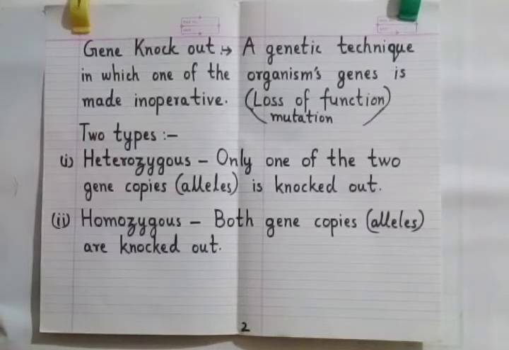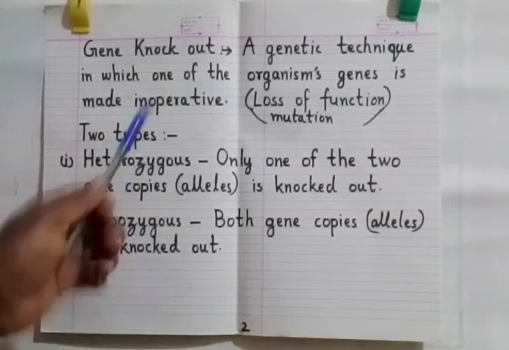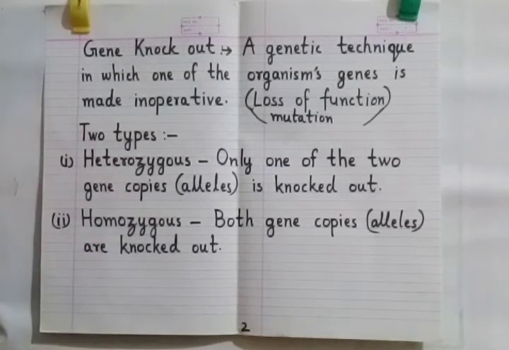If we are able to knock out only one of the two copies on any one of the chromosomes in the pair, then it is called heterozygous gene knockout. In one homologous pair, the functional gene will be there, and the other member of the pair will have loss of function mutation or gene knocked out.